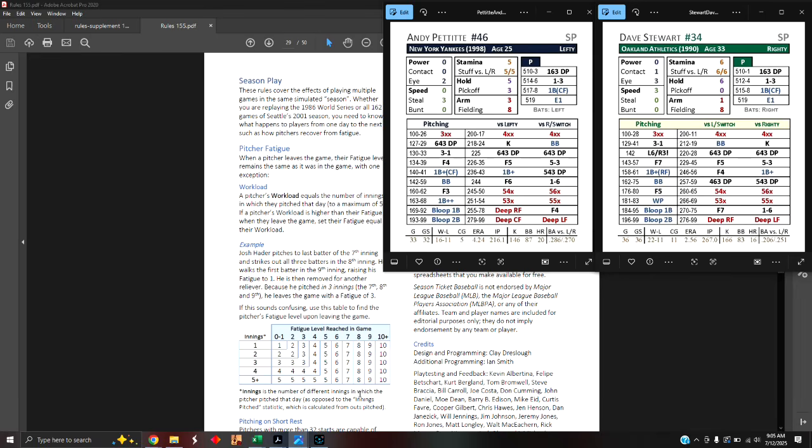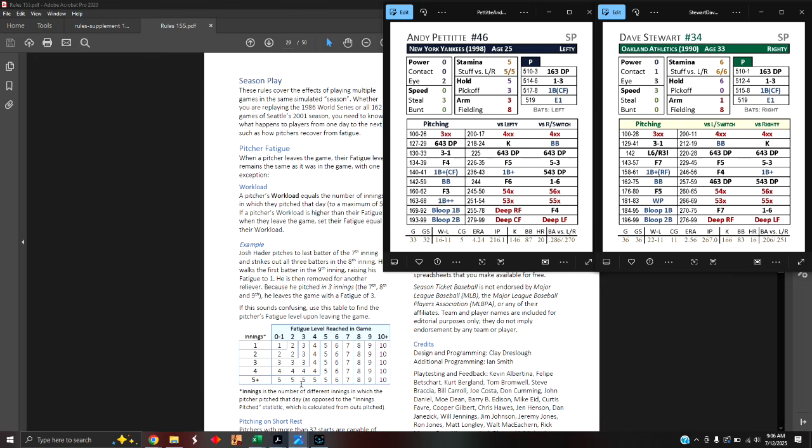So if they pitched 6 innings, let's say, and their fatigue level got to 3 during the game, their workload would be 5. It's only if they had more than 5 fatigue buildup that you start getting the higher numbers. But in most cases, you're not going to have a pitcher pitch with that kind of fatigue unless you really leave them in more than normal.